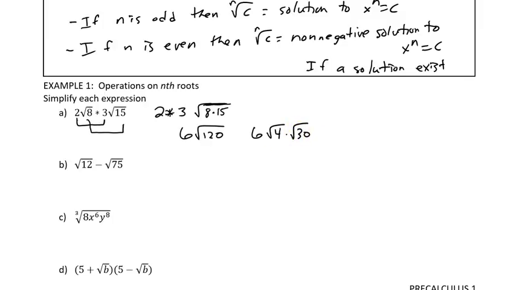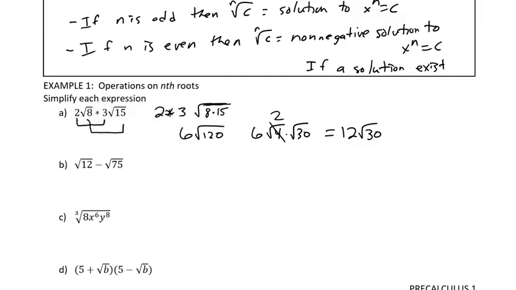And the square root of 4 is 2. So this becomes 6 times 2 is 12, square root of 30. So when we multiply inside times inside and outside times outside, and then we try to simplify at the end if possible.